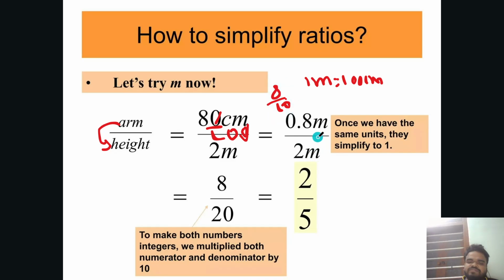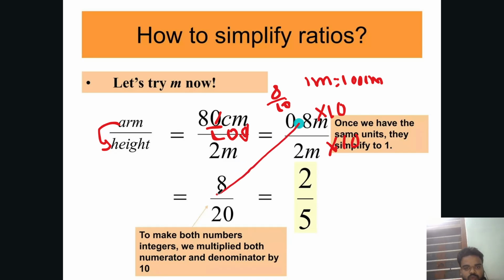It feels difficult to divide this decimal fraction by 2, so make it an integer. How to make it an integer? Multiply 10 on both numerator and denominator. If you multiply by 10, nothing will change, because we are multiplying the same number on numerator and denominator. So 0.8 with 10 becomes 8, and 2 with 10 becomes 20.